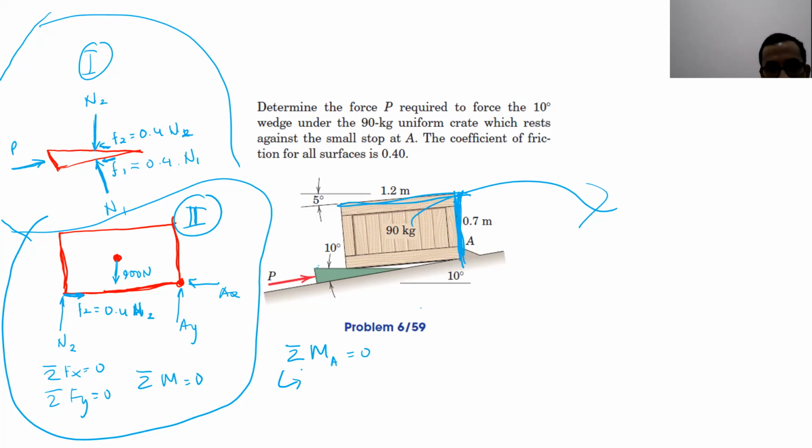Assuming it's positive counterclockwise, 900 times 1.2, is it cos 5 degrees? Cos 5 degrees.